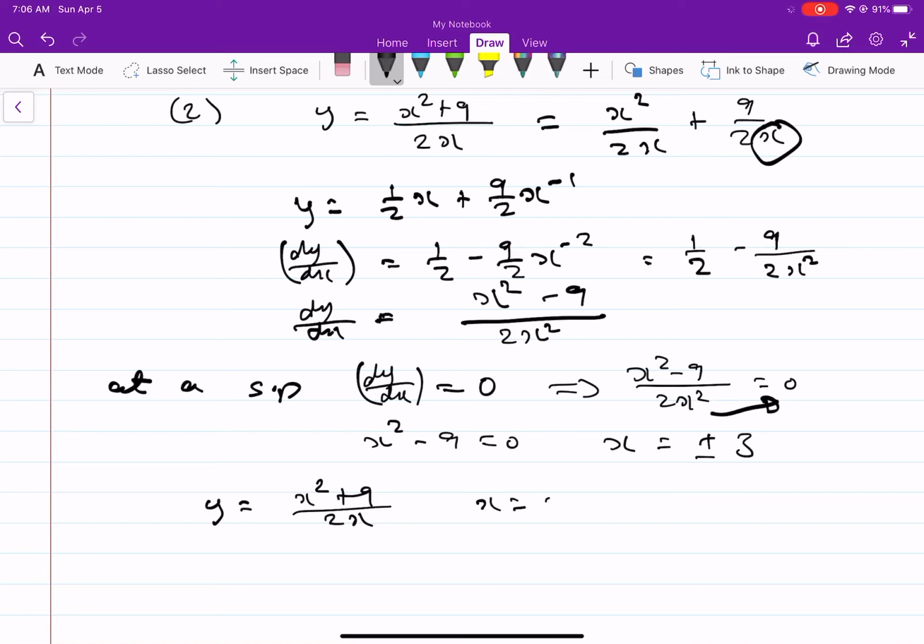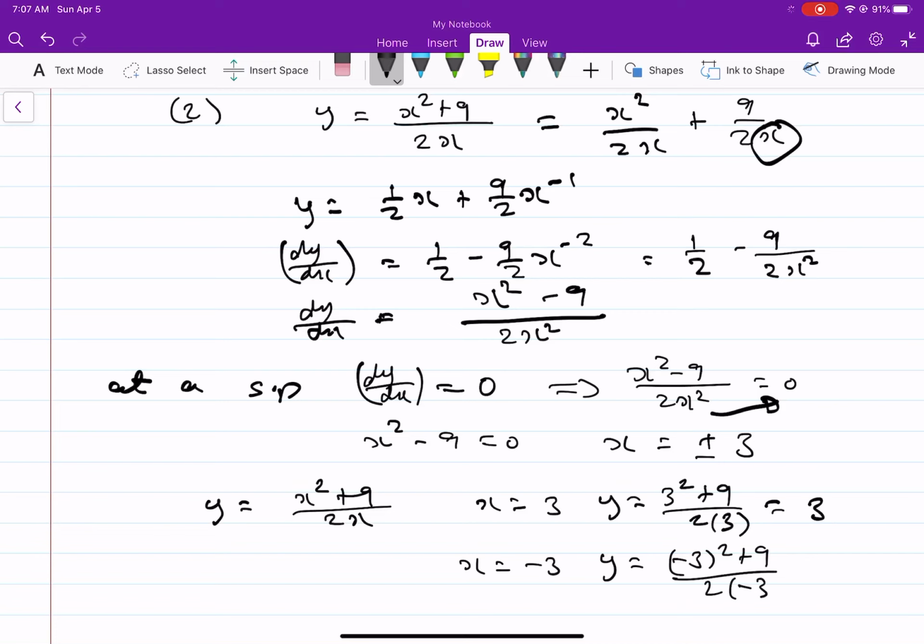When x is equal to 3, y is equal to (3 squared plus 9) upon 2 times 3. 18 upon 6, that looks like a positive 3. And when x is equal to minus 3, y is equal to ((minus 3) squared plus 9) upon 2 times minus 3.